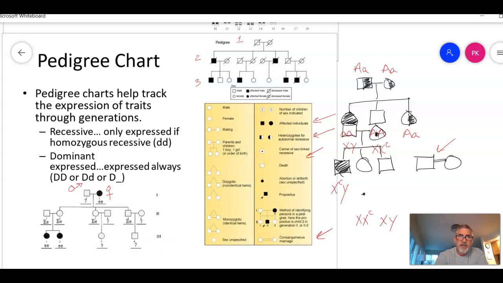If we had something like that, that would be twins. This would be monozygous twins, I mean identical twins, right? So we have different things here: monozygous, dizygous.